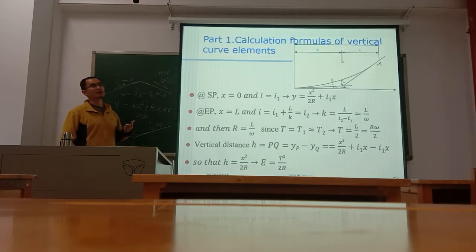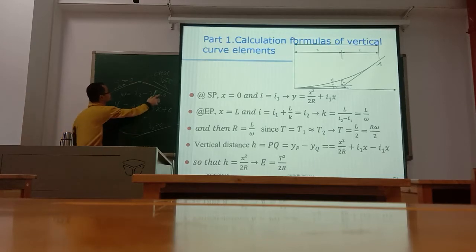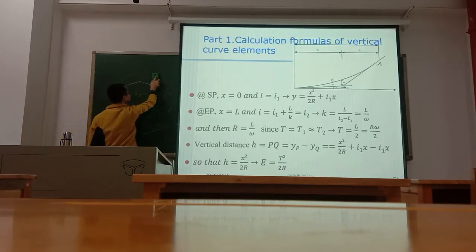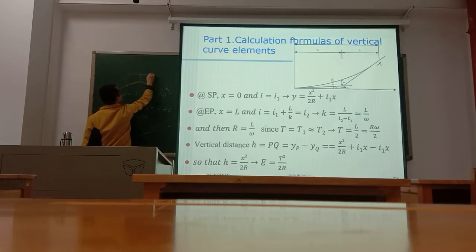T is the tangent line, the length of the tangent line, and this is the tangent point.